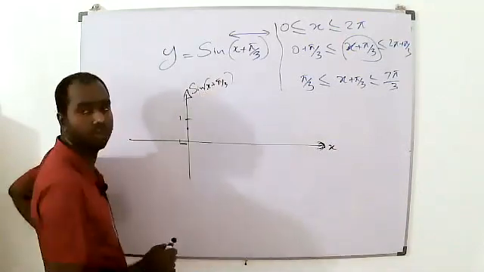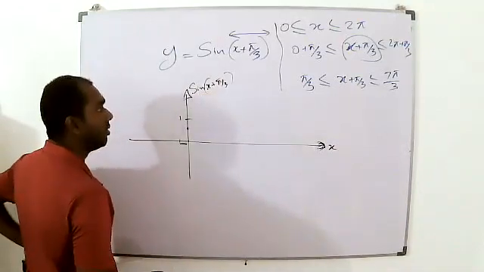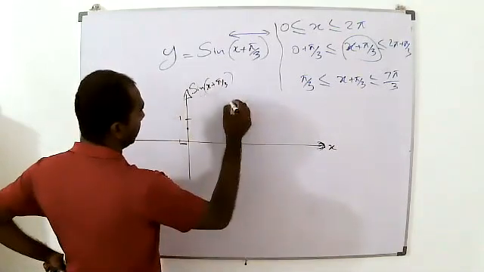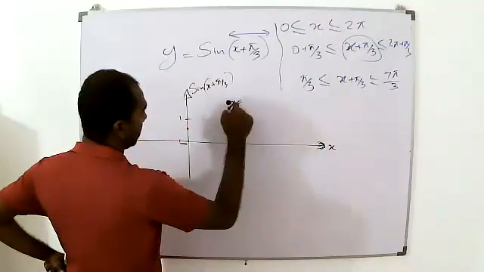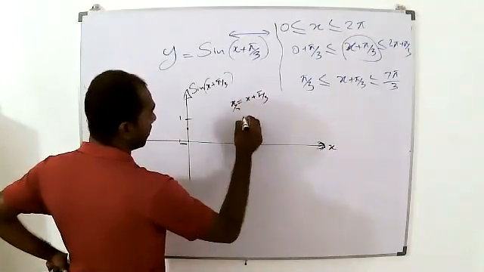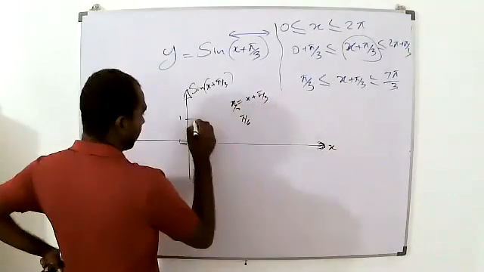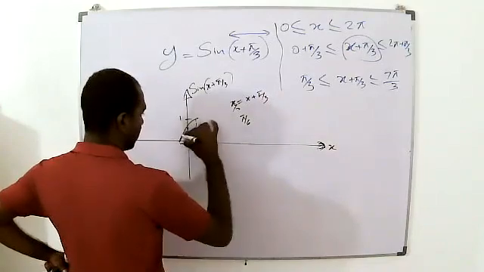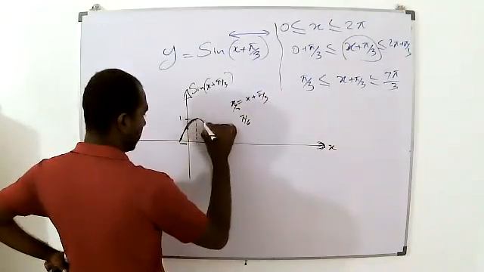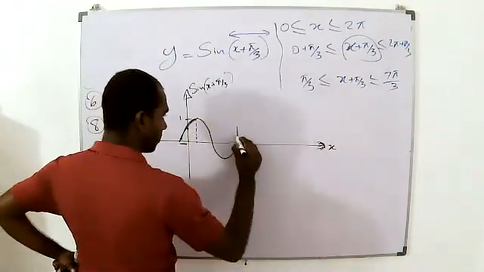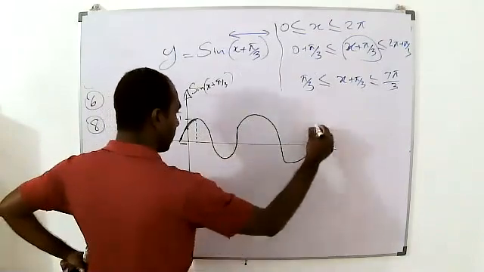If x equals, let's say, π divided by 2 equals x plus π over 3, so x is π over 6. So at π over 6, it's going to be this way. Now, if you think some values, it's going to be like this.